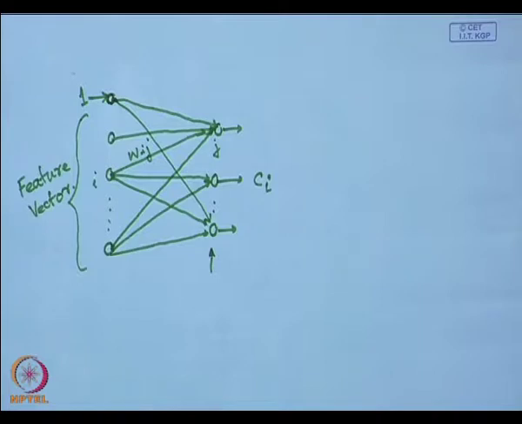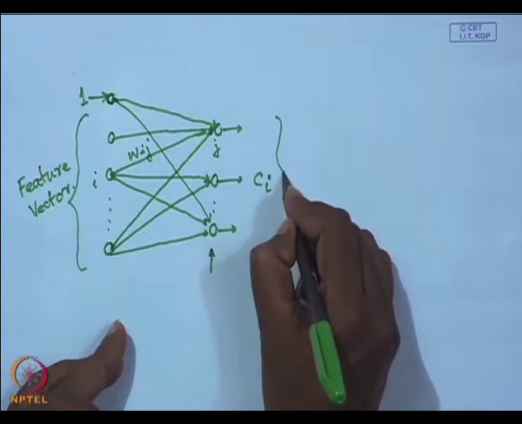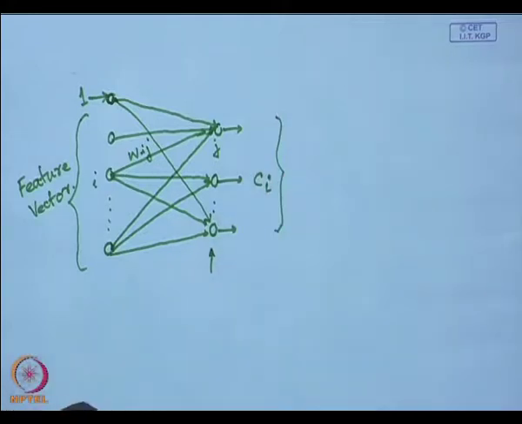So, during training, what we had done is we had fed the feature vectors for which the classes are known, and if the class of a feature vector is known, that means I know what should be the output corresponding to that particular feature vector.